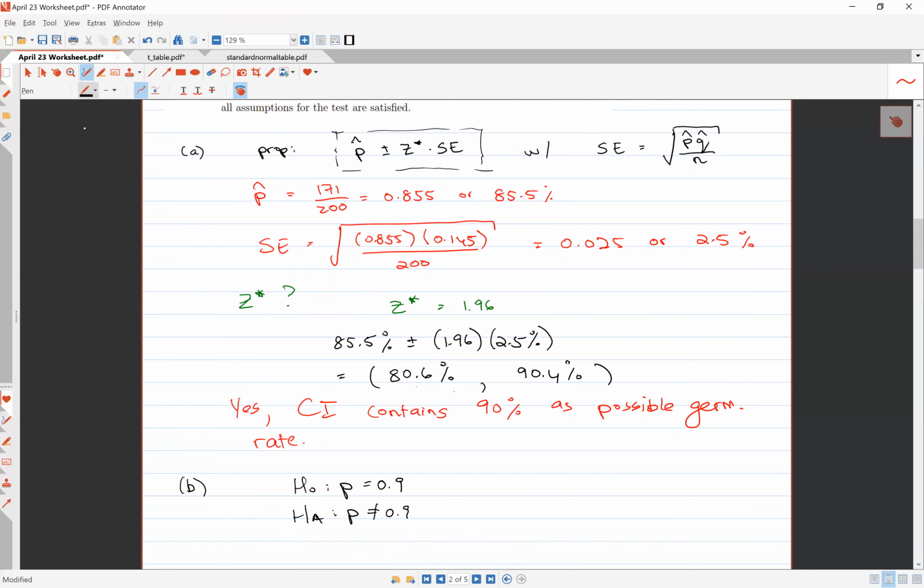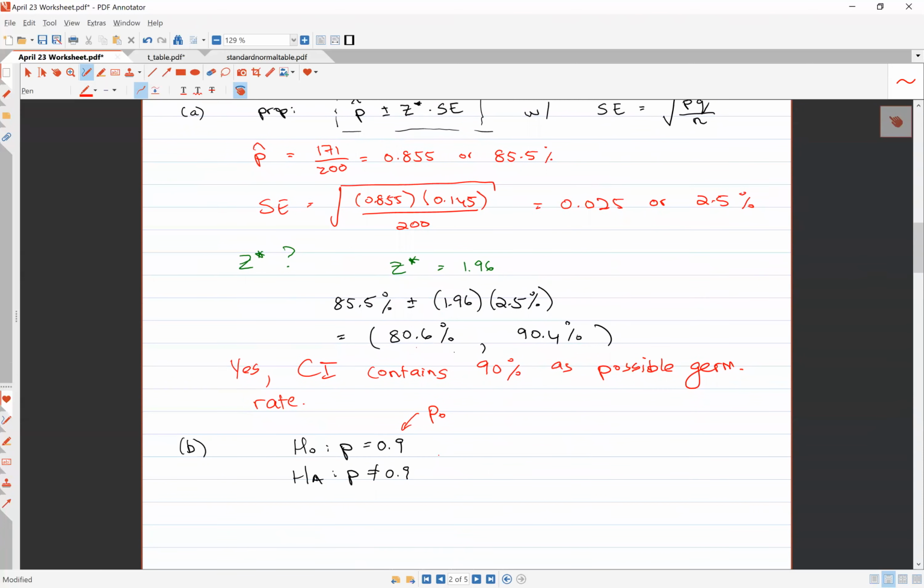This 0.9 value now represents our P0, the value under the null hypothesis. And for a proportion, if we're doing a test, we use a Z statistic, and it's given by P hat minus P naught divided by SE naught.